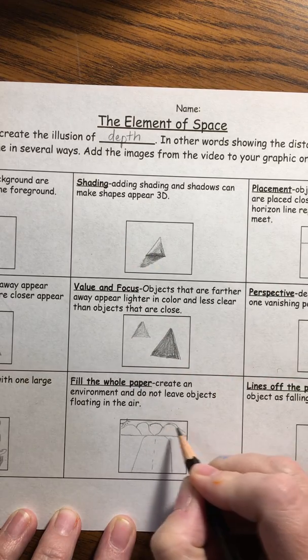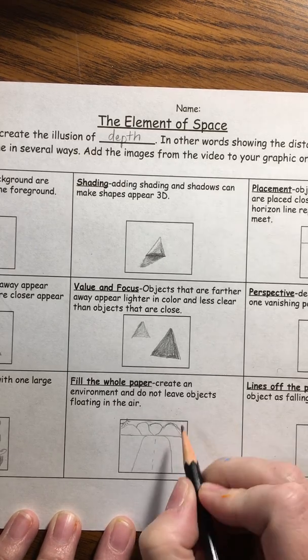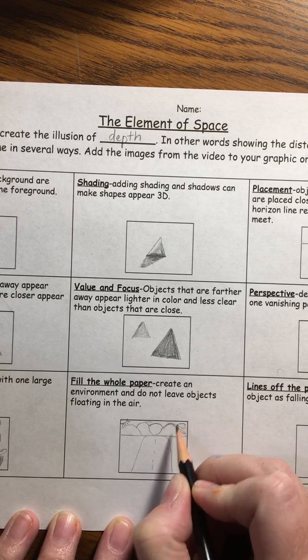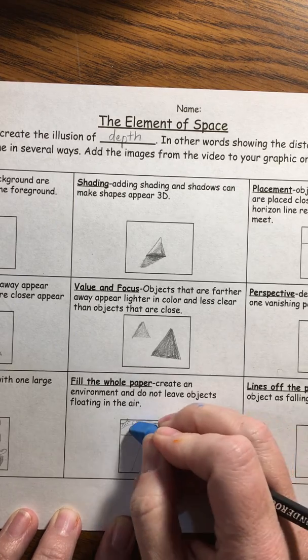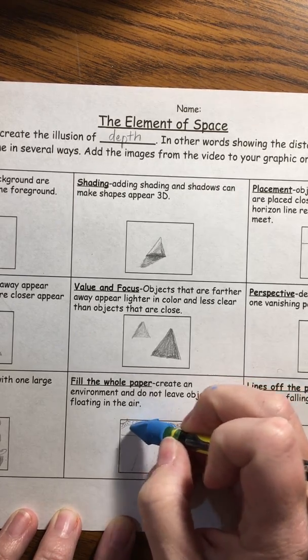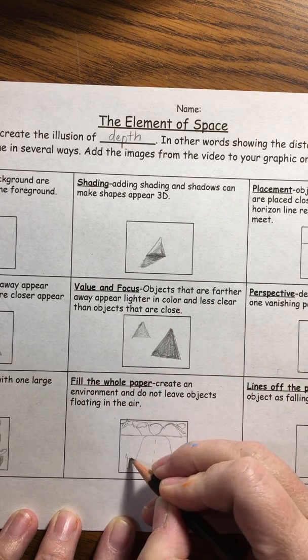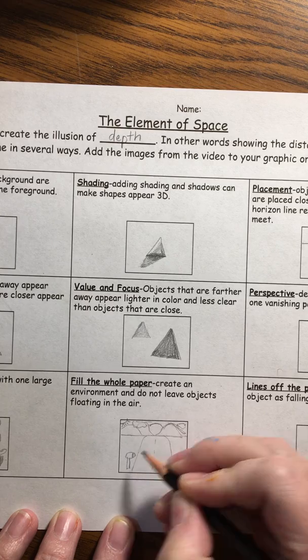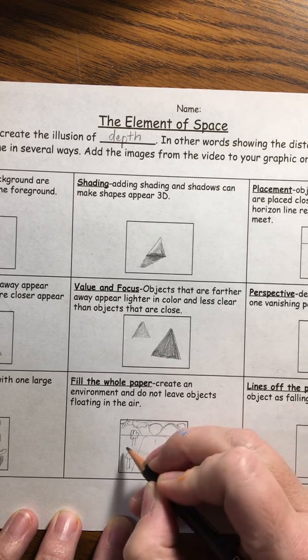I'm overlapping the mountains to show some up front, some in the back. I could draw some little clouds up here. Some of them might even overlap the mountains a little bit. Got a mailbox up here. Just sketching really quick. Here's my trees overlapping the mountains.